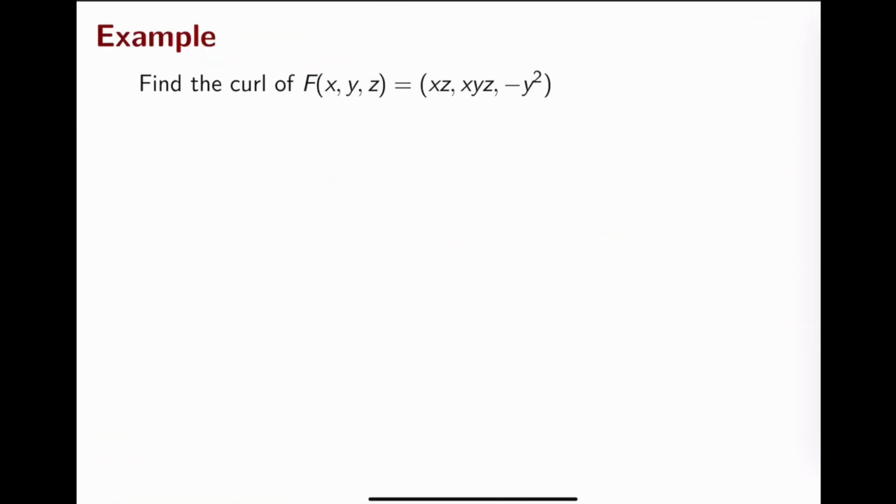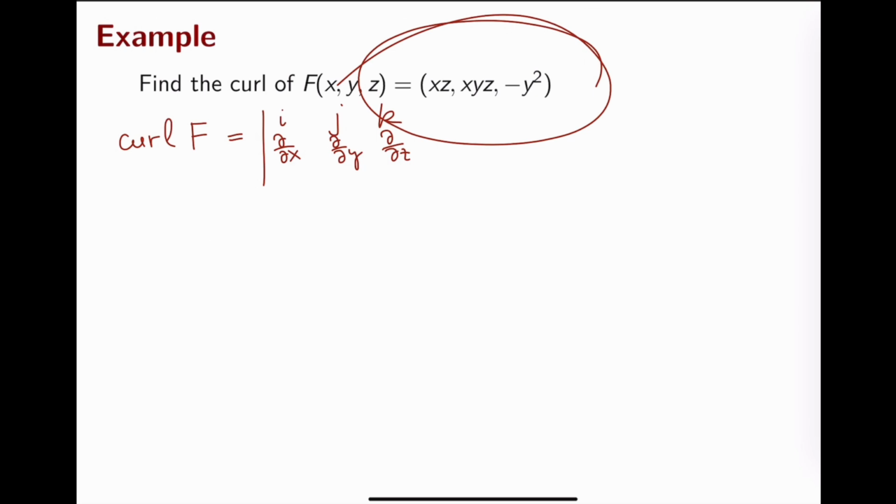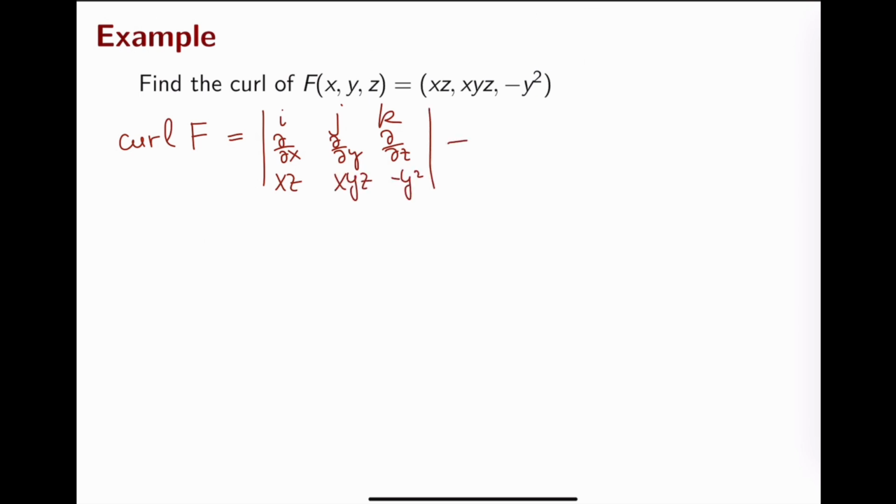Let's calculate the curl of this vector field. The curl of F, as we said before, is the cross product, where we put here the derivatives, and we put here the components of the vector field, that in this case are xz, xyz, and minus y squared.